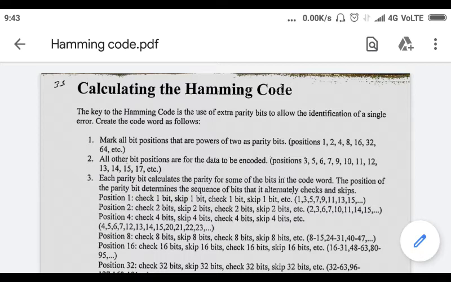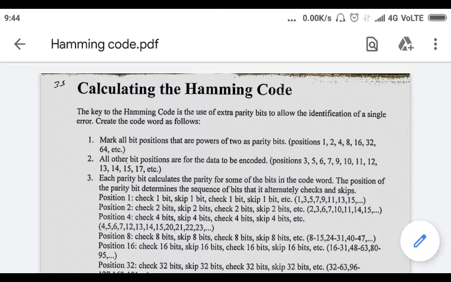The positions that are a power of 2 are represented as parity bits, for example the positions 1, 2, 4, 8, 16, 32 and 64. They are all powers of 2: 2 raised to 0, 2 raised to 1, 2 raised to 2, 2 raised to 3, 2 raised to 4. So these positions we represent as parity bits.